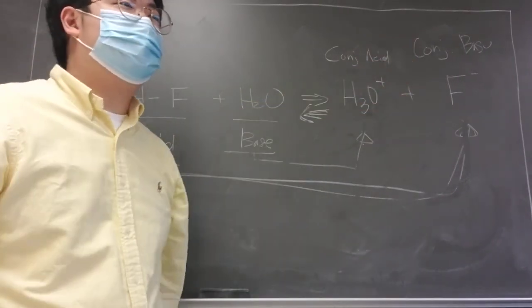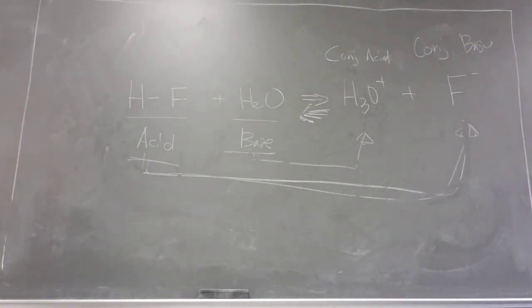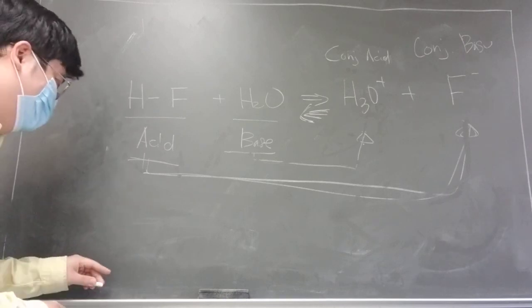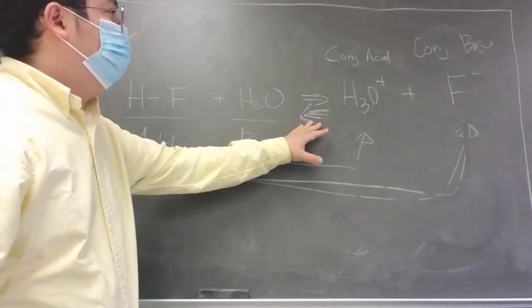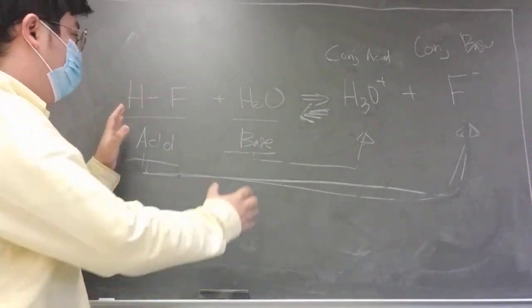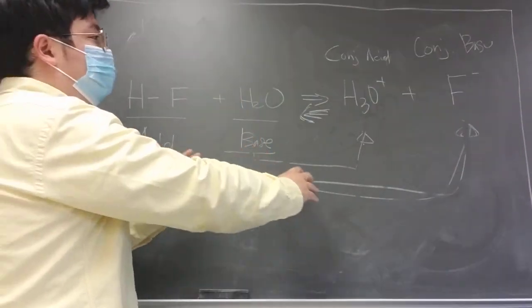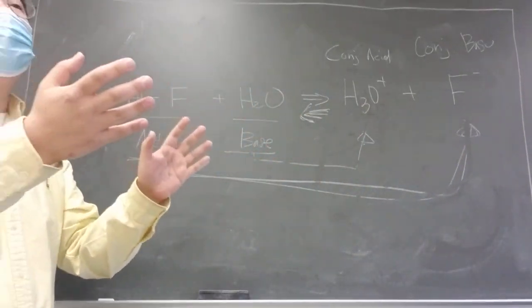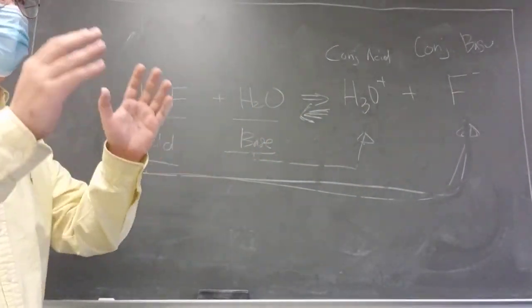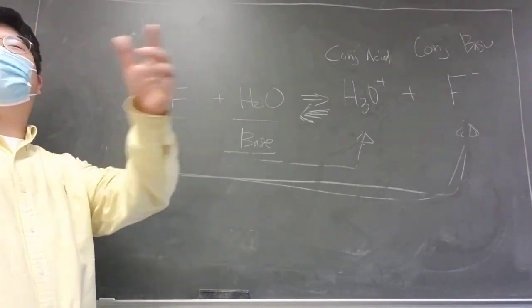Yeah, go ahead. Does the term acid and base versus conjugate acid and base always refer to the left side of the equation? Oh yes, perfect, that's an awesome question. Whenever you have an equilibrium, one side is the acid and base and the other is the conjugate acid and base. There's no real absolute term, because it's determined by what? pKa.